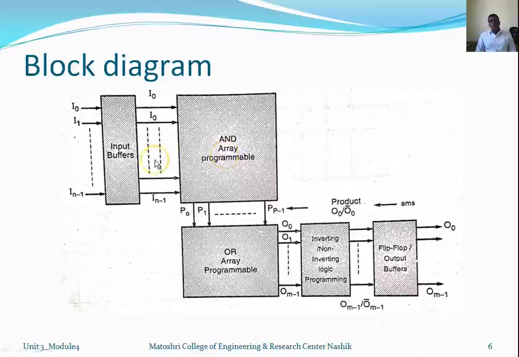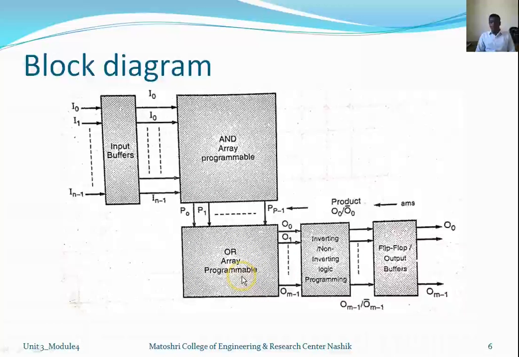The output of the input buffer is given to the second block, the AND array, which is programmable. The AND array performs ANDing operations on the input signals, in complemented and non-complemented form, and gives its output to the OR array.